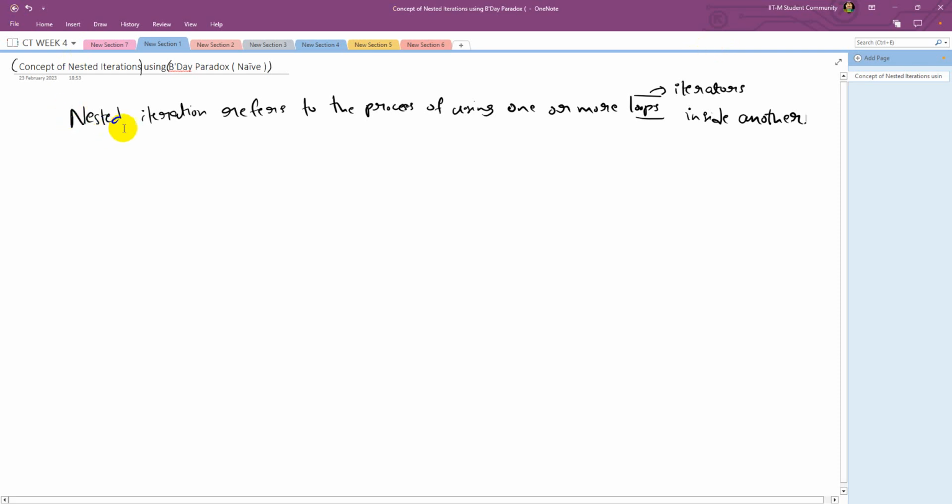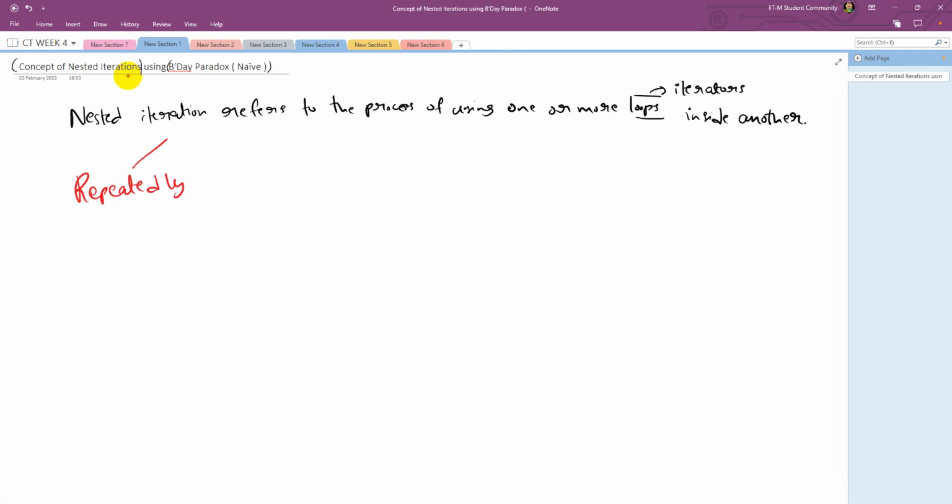In the use of programming, loops or iterators are used to execute a block of code repeatedly. Please keep this word in mind: repeatedly. Whenever we come across the word repeatedly in computational thinking, the word iteration must strike your mind immediately.